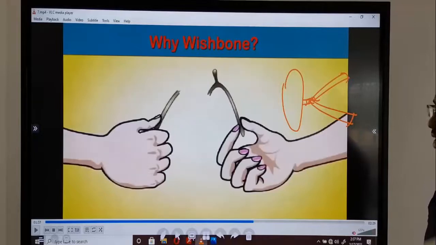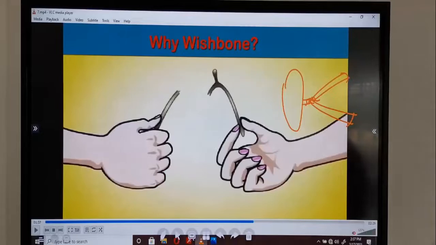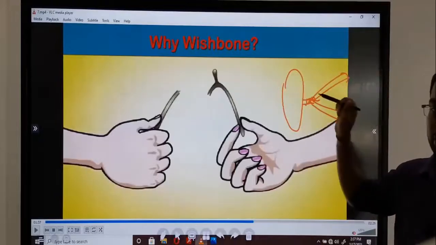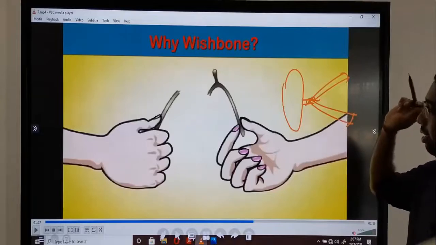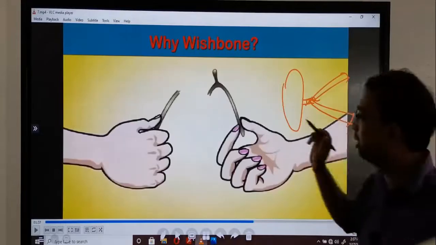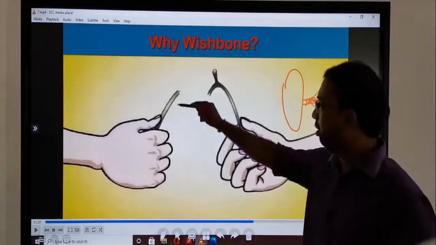At that time some major accident or harmful incident happens. So the speciality of this wishbone is that when it absorbs high stress, it does not break at this joint. It only breaks on this side or that side.